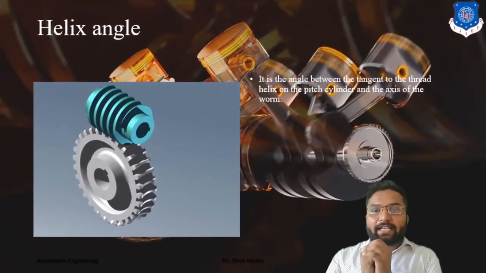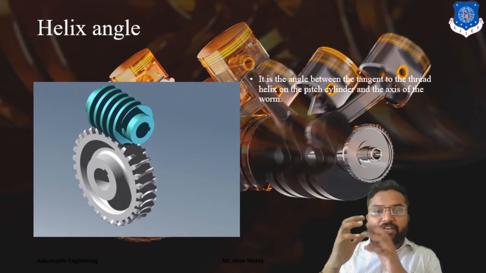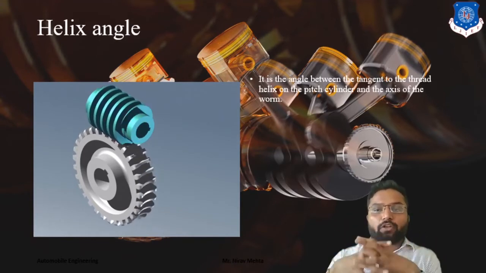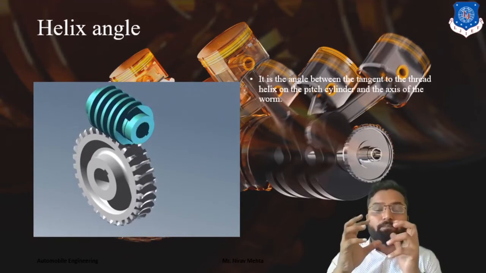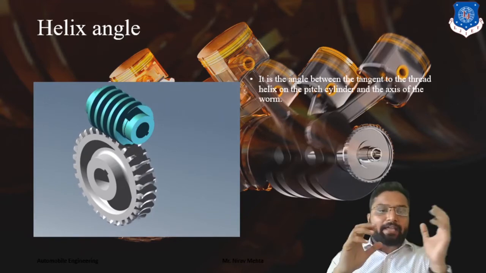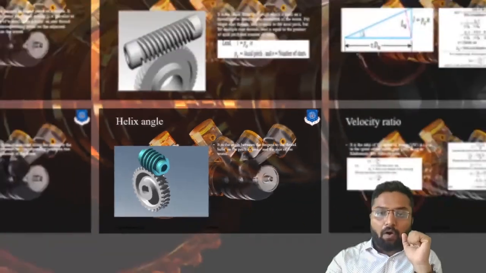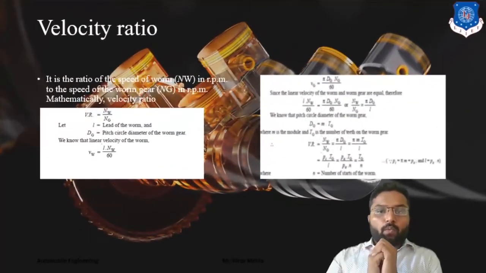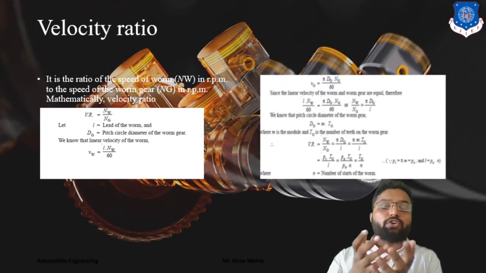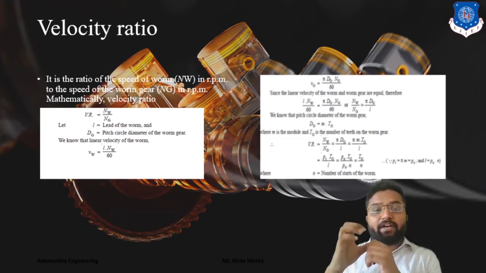Then helix angle. It is the angle between the tangent of the thread helix on the pitch cylinder and the axis of the worm. So it is nothing but the angle between our wheel and our worm. Clear? Then velocity ratio. As you know, velocity ratio is the velocity of pinion divided by gear.